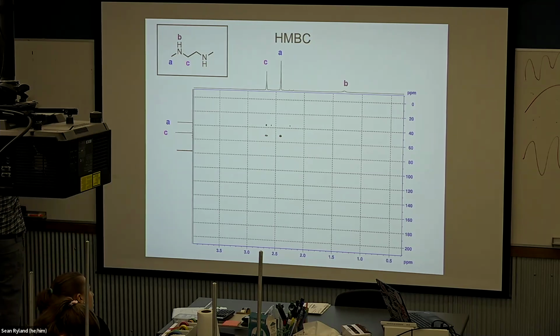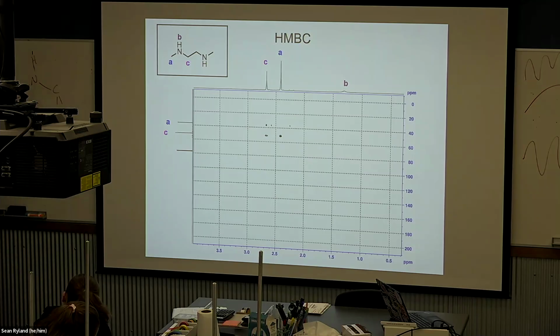And so if we count it, we say, okay, there's my carbon, nitrogen. So this is carbon C. The proton on carbon C, 1 bond, 2 bond, 3 bonds.